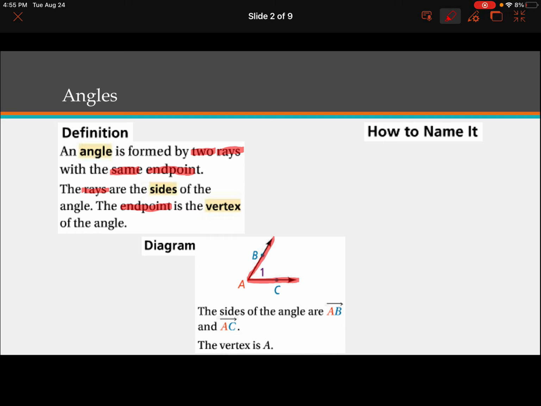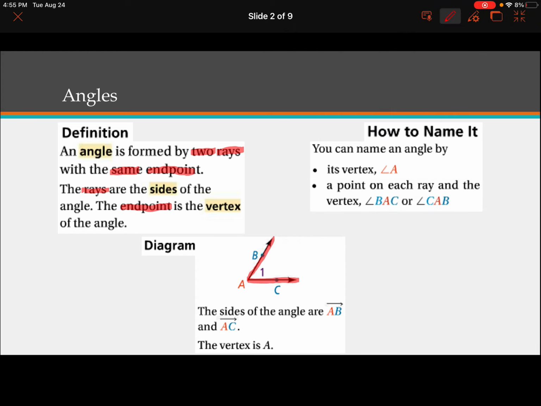When you are naming an angle, there are a couple of different ways you can do it. One of them is by its vertex. You can call this angle A. I want to take a quick note on the notation right here. This symbol in front of it looks like a squashed L. That is the symbol for angle.